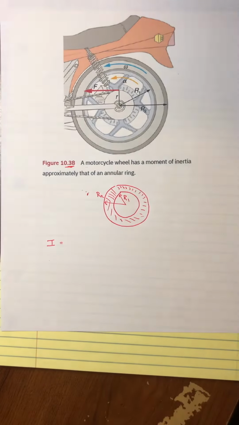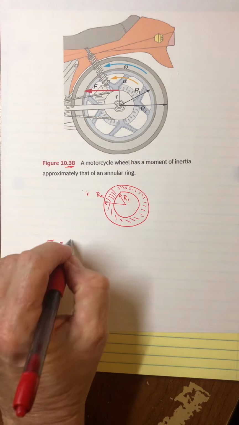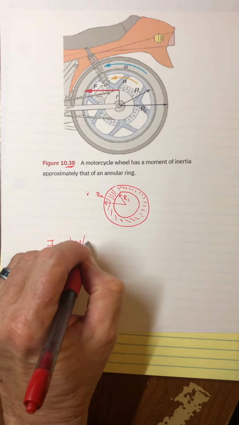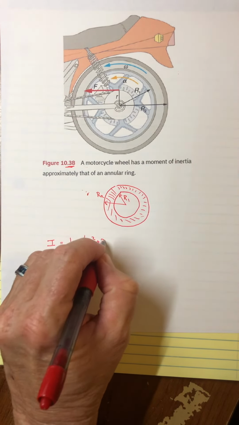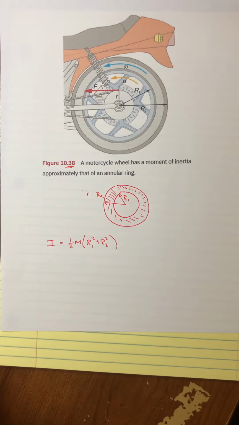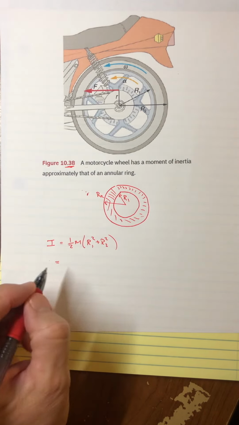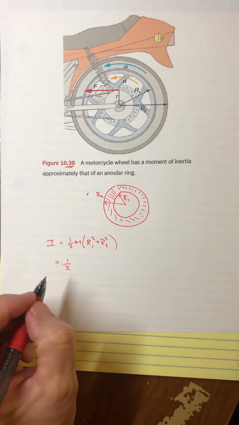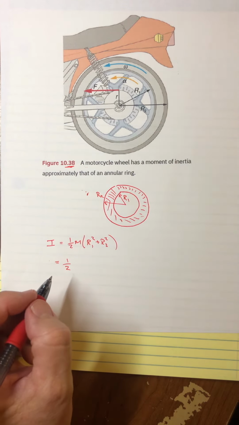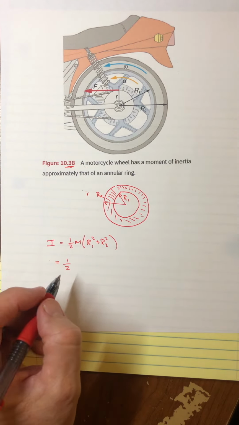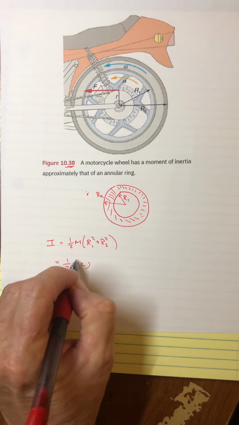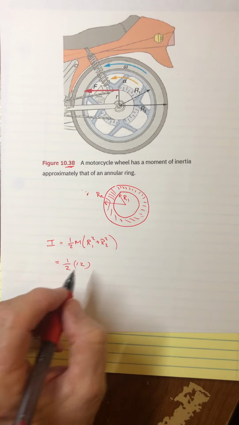All right, so I'll just take that little formula and write 1/2 times m times inner radius squared plus outer radius squared, and use that as my first piece of information, because the problem listed very clearly the mass was, let me look up here, what does it say? 12, okay.